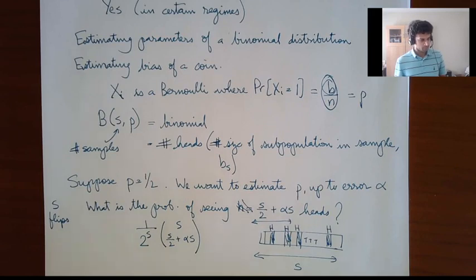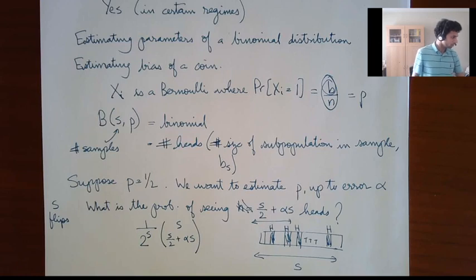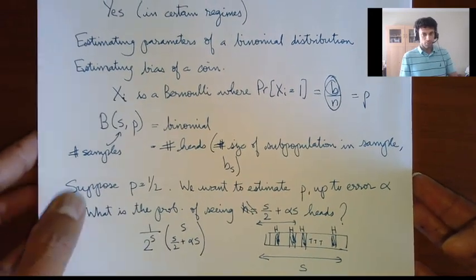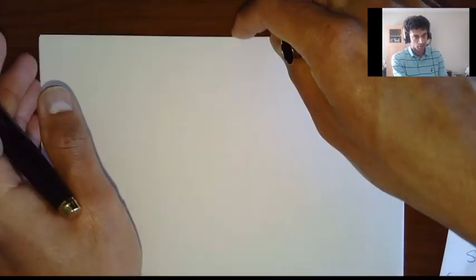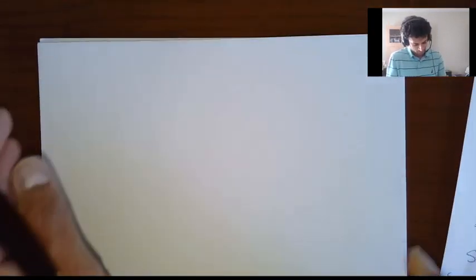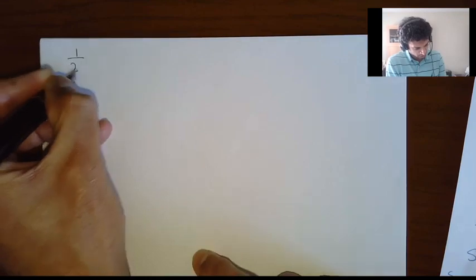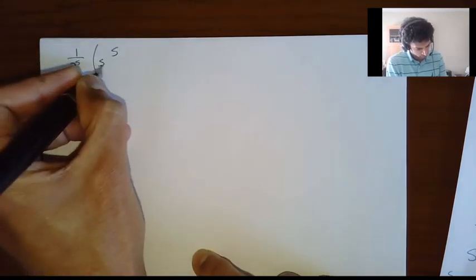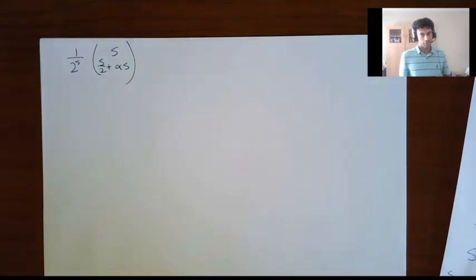So let me just write that out over here: 1 divided by 2 to the S, S choose S over 2 plus alpha S.